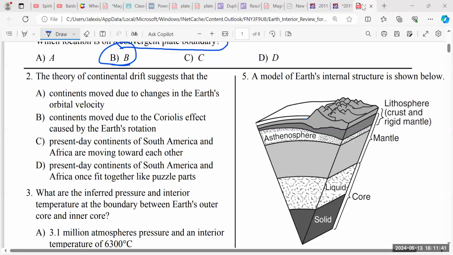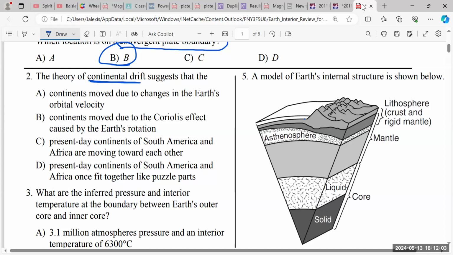All right, number 2. The theory of continental drift suggests that... so remember that continental drift talks about how the continents are continuing to move, right? So where the continents are located now, the theory suggests that's not where they were many, many years ago.